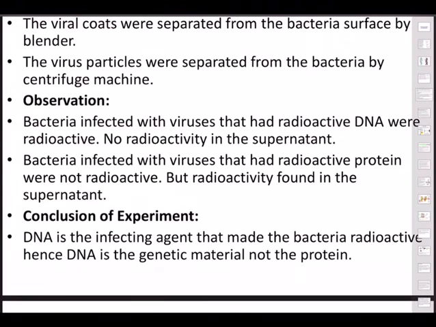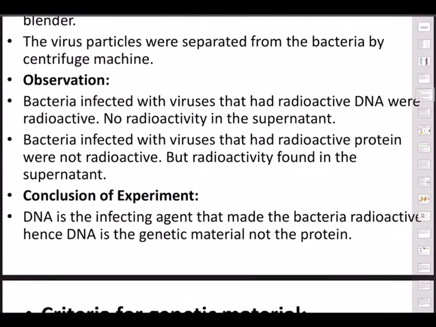Observation first: bacteria infected with viruses that had radioactive DNA were radioactive. No radioactivity in the supernatant solution. Bacteria infected with viruses that had radioactive protein were not radioactive, but radioactivity was found in the supernatant. What is the conclusion?